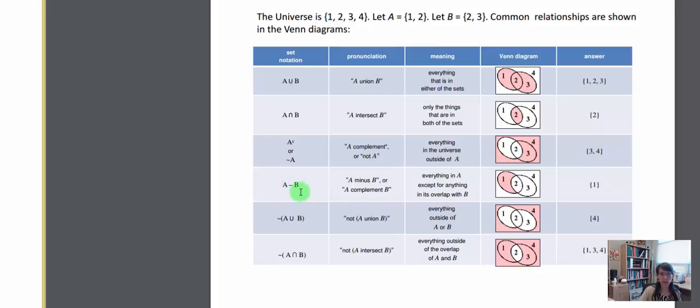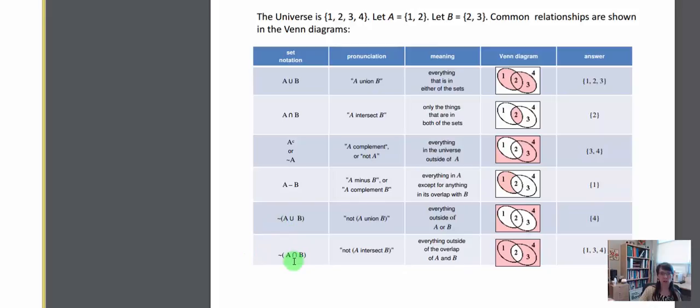When you have A minus B, it says everything in A except for anything in its overlap with B. So going to the picture, we're starting with everything in event A, but then we're taking away anything in its overlap with event B. So only this pink shaded region would be the solution.